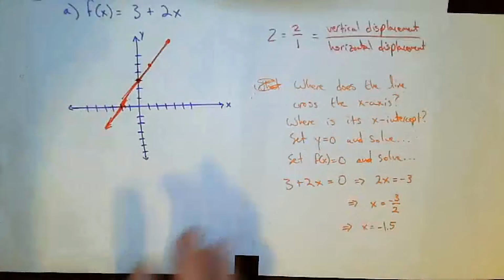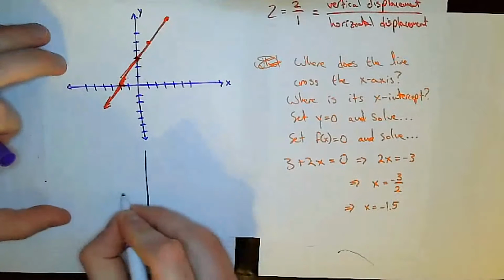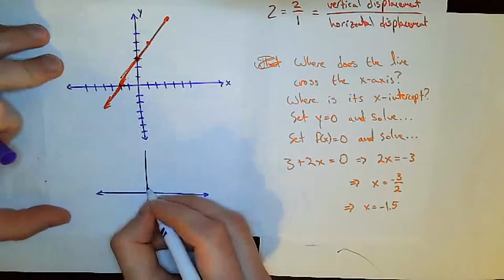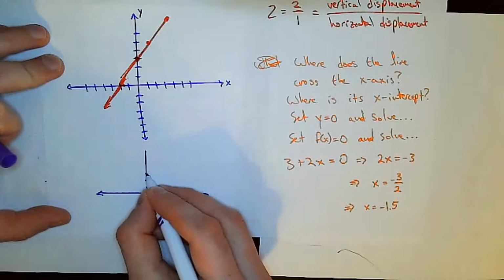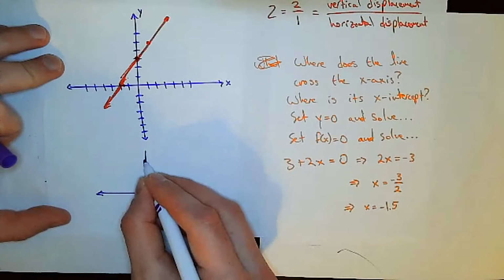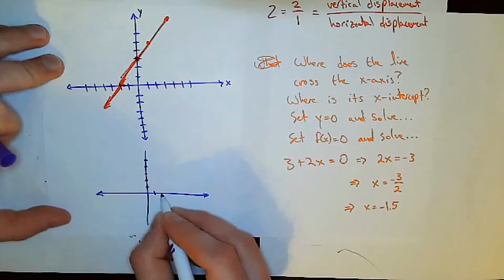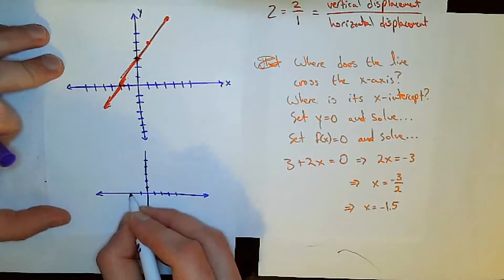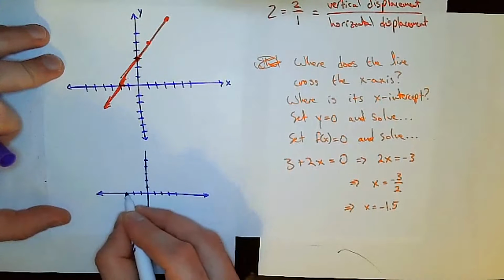So if I wanted to make a really nice graph, you can probably skip through this part of the video. You don't have to watch me making all these tick marks.